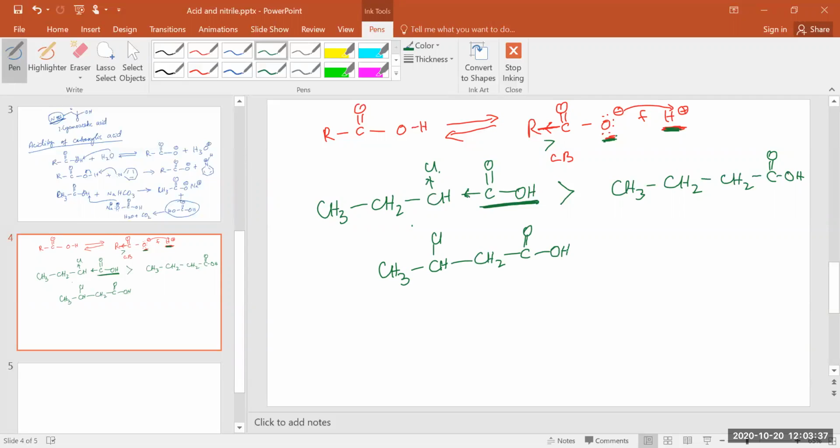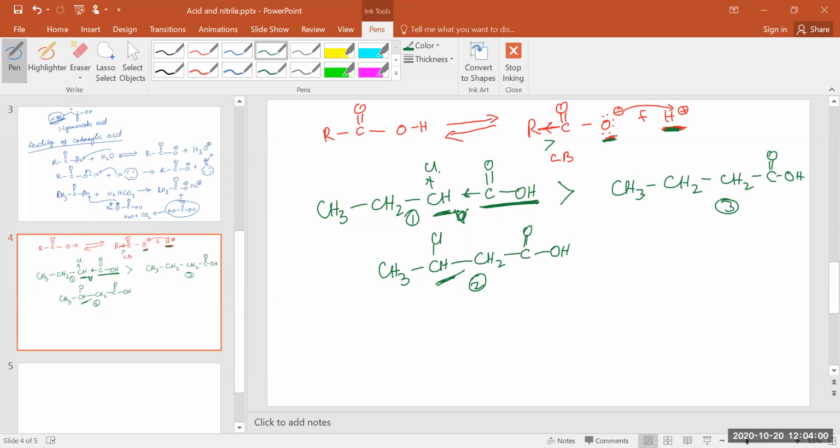So this one is less acidic than this. So the most acidic one will be this one, then this, and this will be the least acidic.